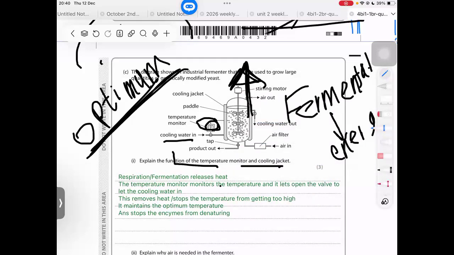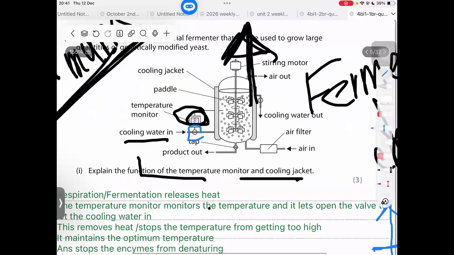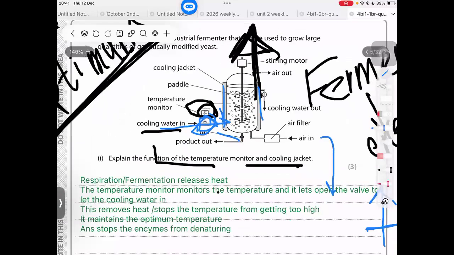If the temperature is above a certain value, it quickly opens this valve. It opens the valve so that cooling water will enter into this cooling water jacket. Afterwards, due to this cooling water, this fermenter will go back to its normal temperature. So that is why the temperature monitor and cooling water is there.